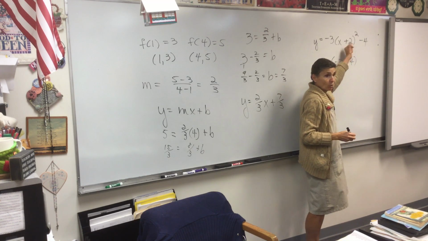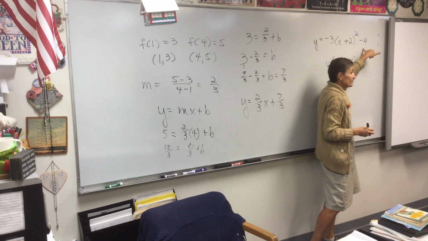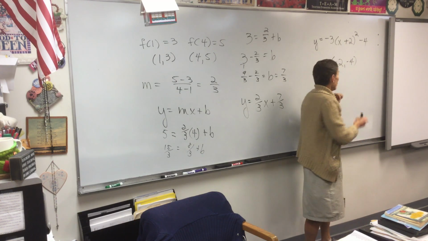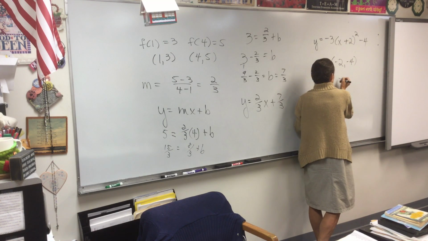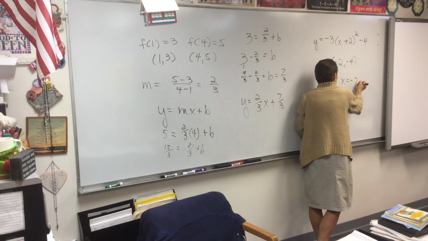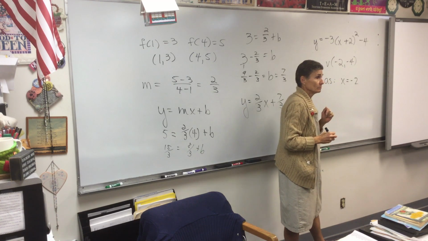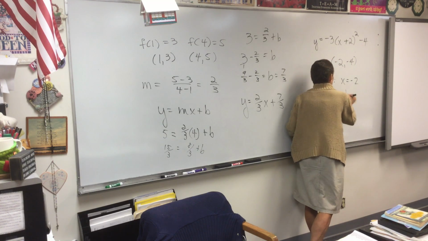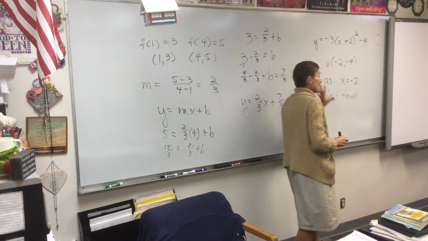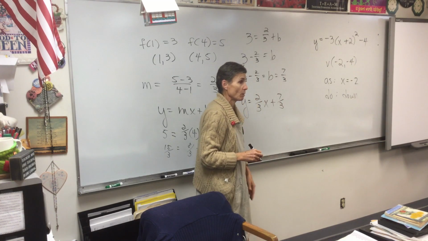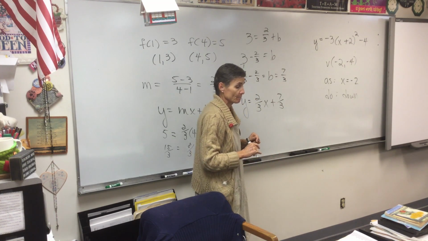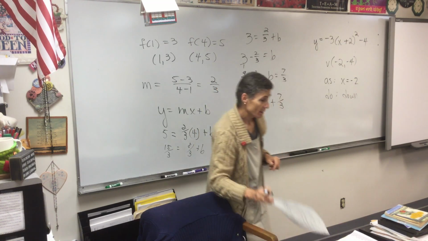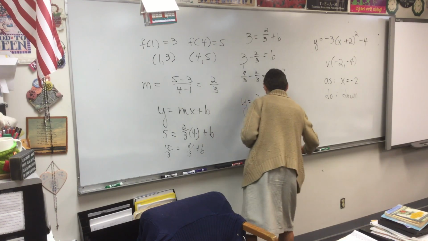This tells me I go left 2 and down 4. What's my axis of symmetry? X equals -2. And what's my direction of opening? Down. There is no work involved with that problem. It's automatic. The next one, not so much.